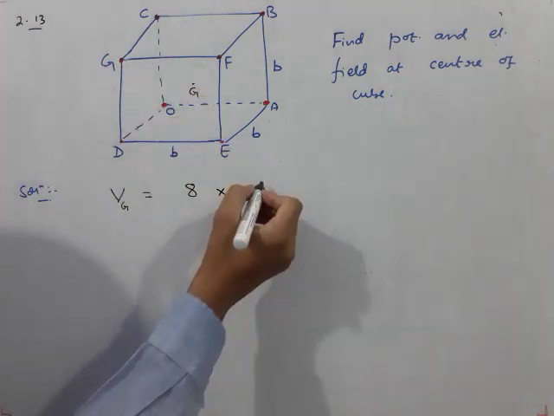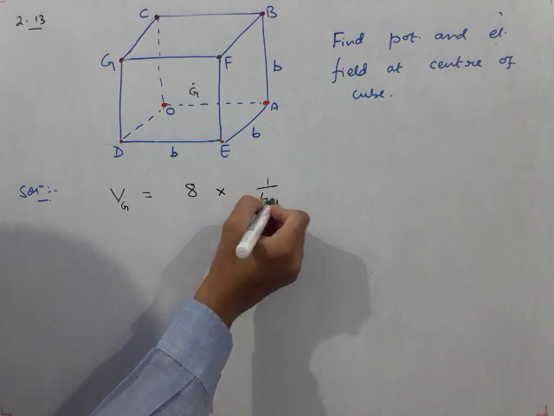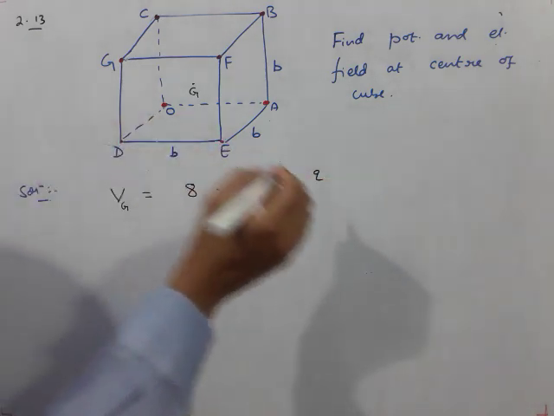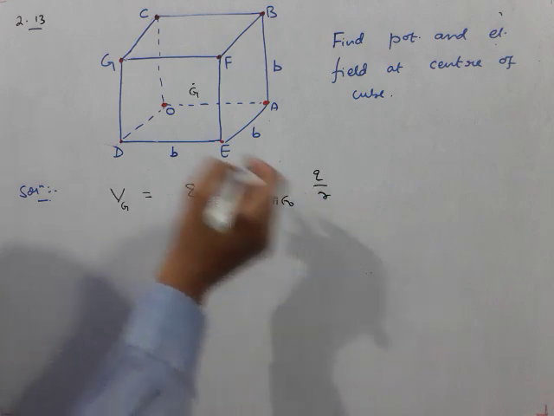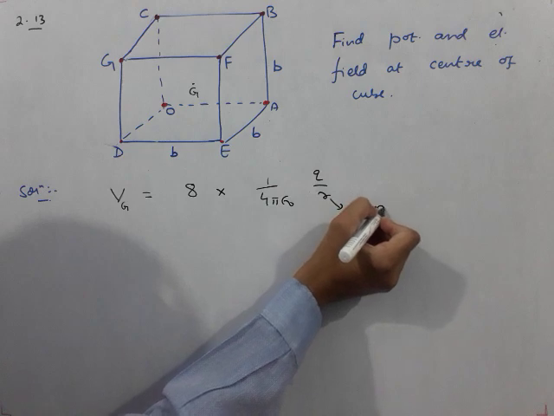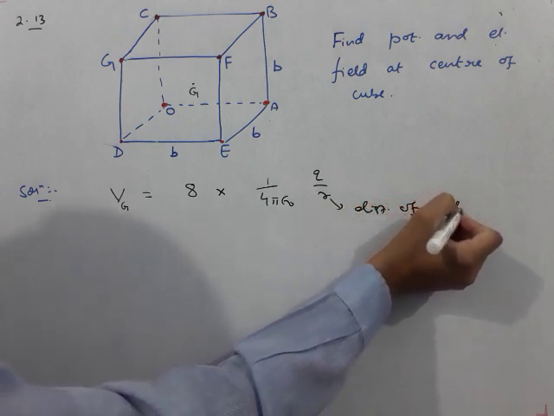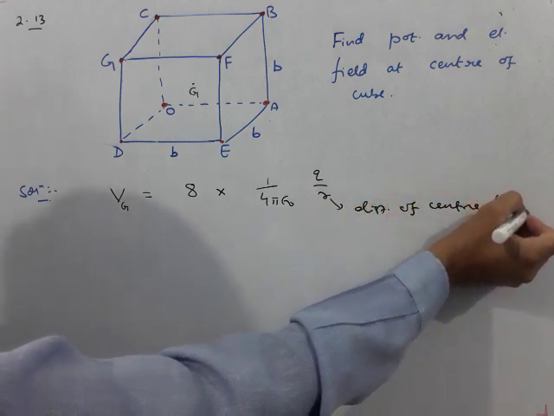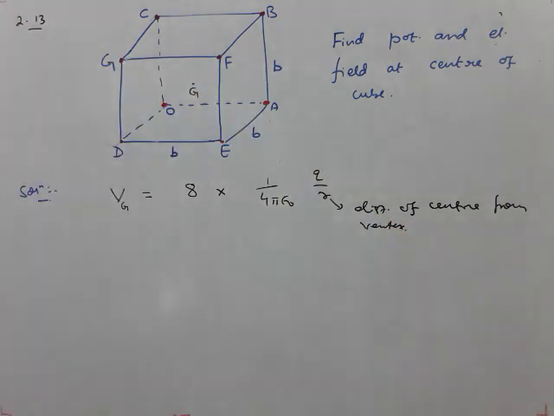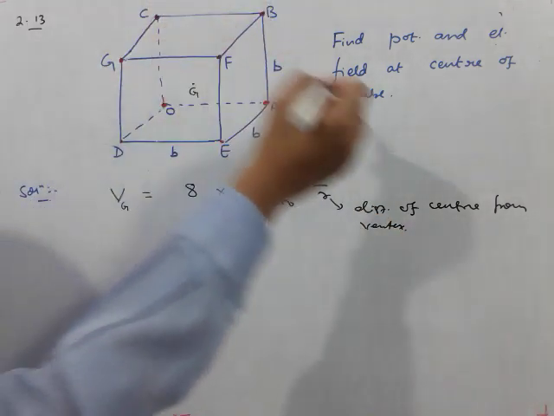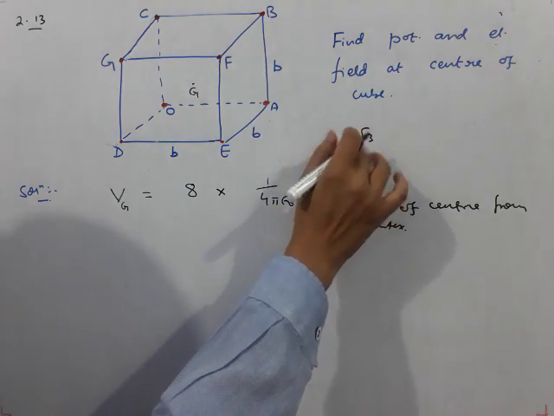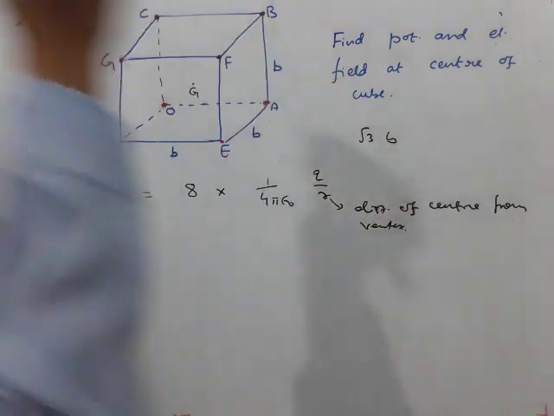Now potential at G due to any one charge, you know students, it is given by the formula 1 by 4 pi epsilon naught, that charge q by distance of the center from the vertex. Now what is r? r is the distance of center from the vertex, any one vertex. What is the diagonal of a cube? You know it is root 3 a, root 3 b in this case.